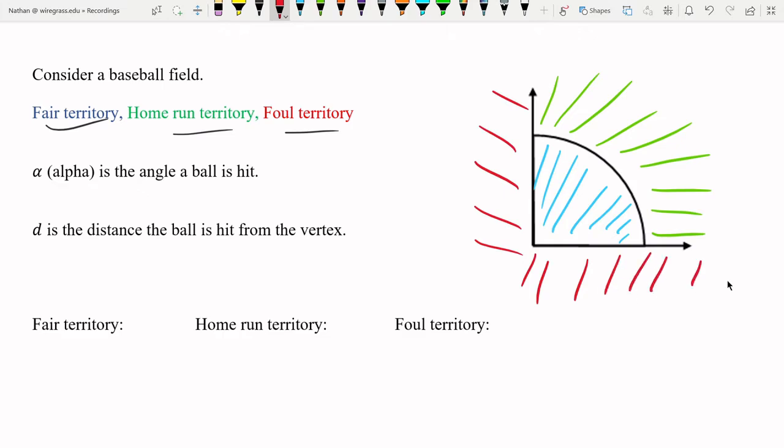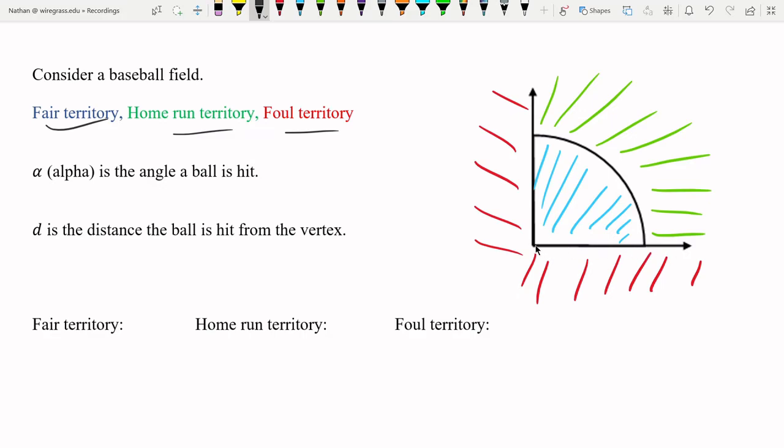This is a very simplified system here. Now we just have these two lines at a 90-degree angle in this quarter circle here. There's two variables that we need to define any kind of hit that a batter gets in baseball. There's the angle, and we're going to define the angle from this bottom foul line here.